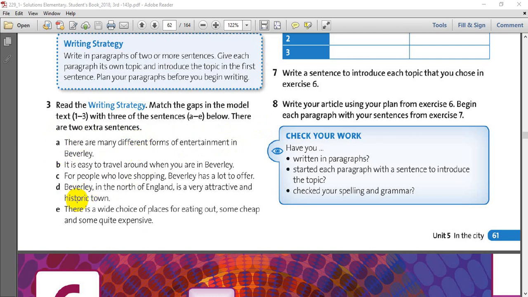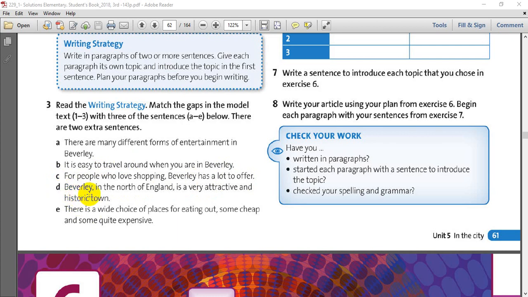Now let's read the sentences. A. There are many different forms of entertainment in Beverly. B. It is easy to travel around when you are in Beverly. C. For people who love shopping, Beverly has a lot to offer.